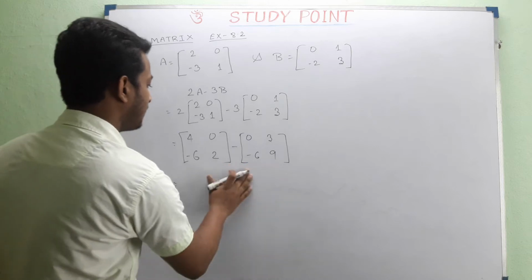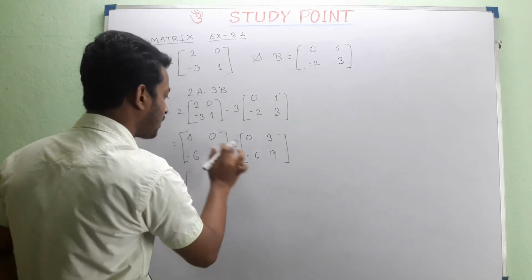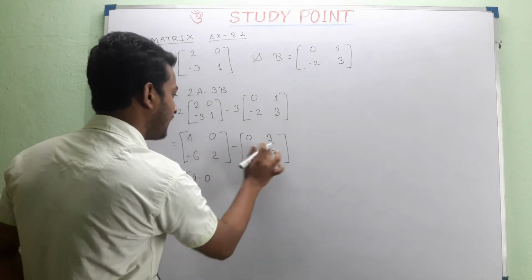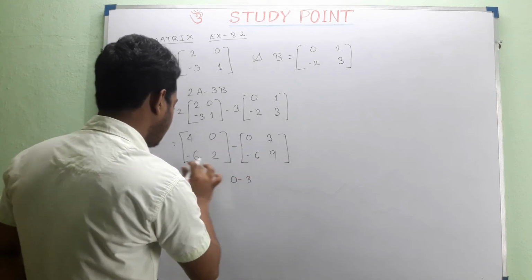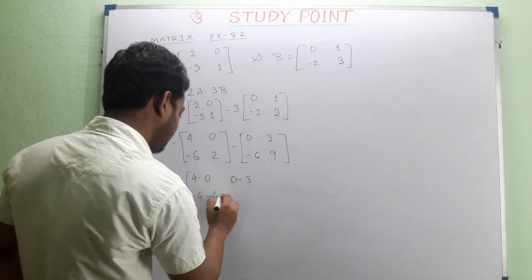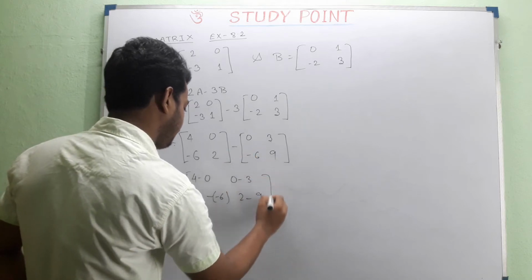Now just add or subtract these two matrices. See, now how to subtract? 4 minus 0, here 0 minus 3, here minus 6 minus of minus 6, here 2 minus 9.